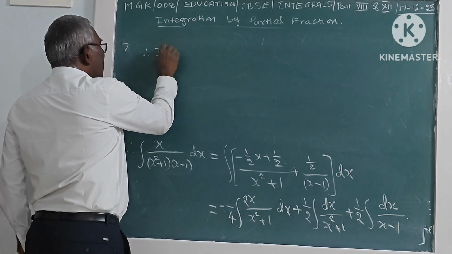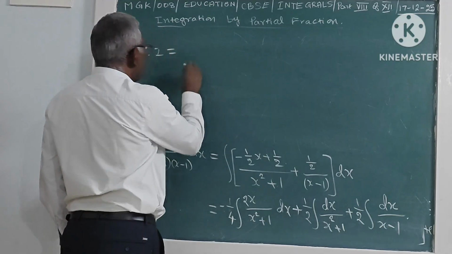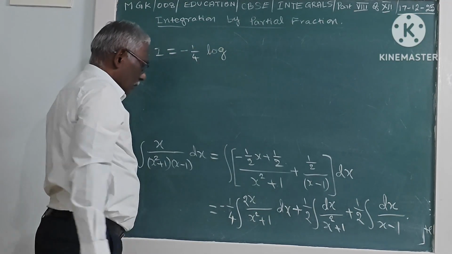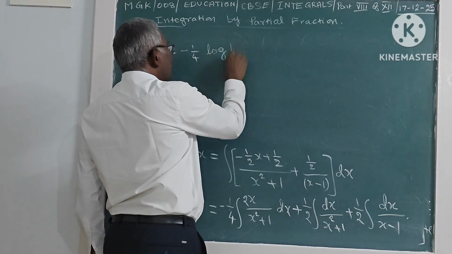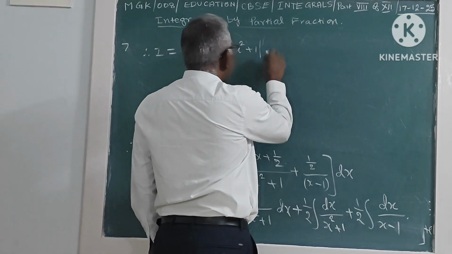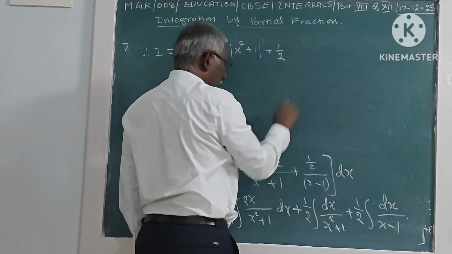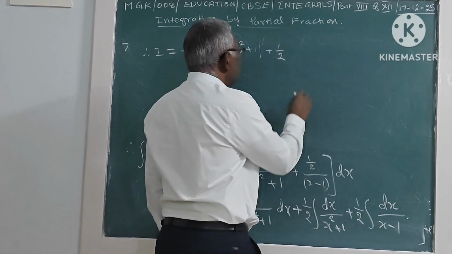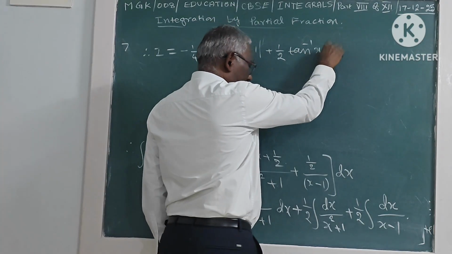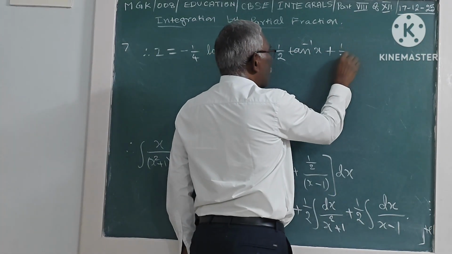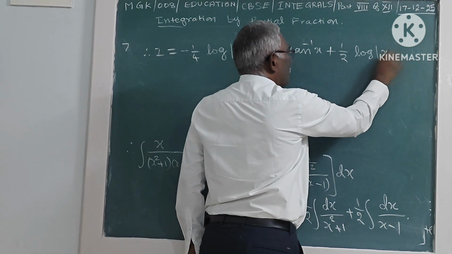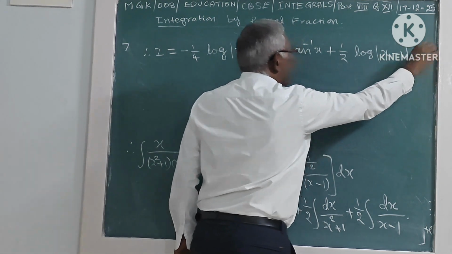Therefore, I is equal to minus 1 by 4 times log of x square plus 1 plus half times tan inverse x plus half times log of x minus 1 plus constant.